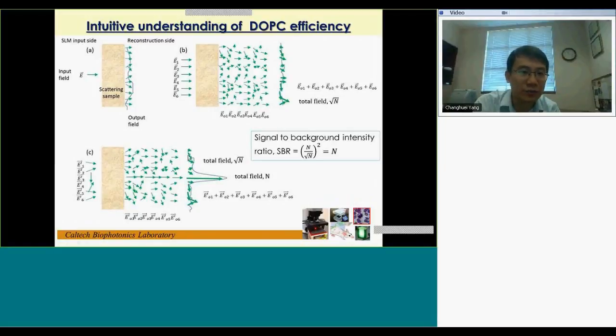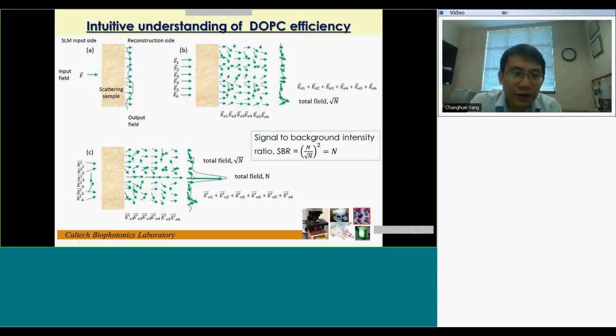The background is basically going to be dominated by simply the light that's diffused through this piece of tissue. And if you look at each of these points, the light field phasor itself is simply a combination of random walks from the contribution from the input light field. So the conjugation process allows us to find the right wavefront so that we can get this nice constructive interference of all the phasors at the point of interest.